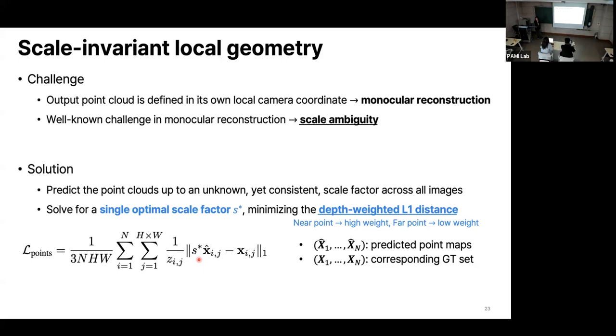So I think you need to follow up on the exact procedure, and I also have the same question, because without estimating the accurate scale, we couldn't estimate the accurate point map.